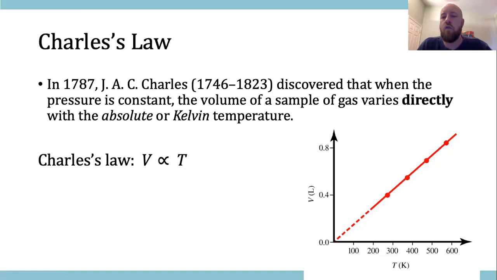What also came out of this experiment was that there's an extrapolation back: what would happen if you brought this down, how far back would you go? You'll notice here that it's zero volume. Well, obviously we can't have zero volume, right? Everything occupies a space, so everything has some sort of volume.